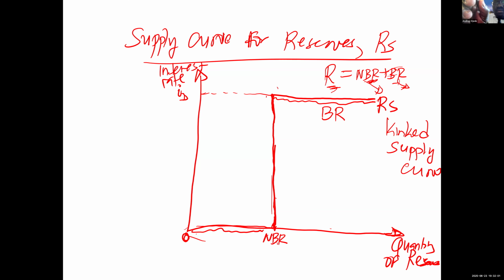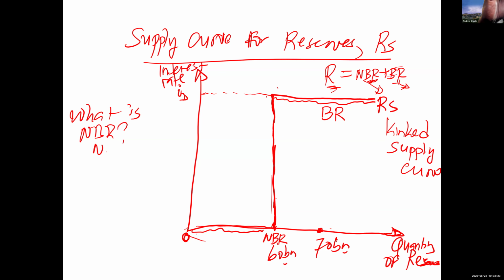Let me do an example. Say from zero up to this vertical portion is $60 billion, and then I put in some number here, say $70 billion. What are the non-borrowed reserves here? Your answer is $60 billion, from zero to that vertical line.